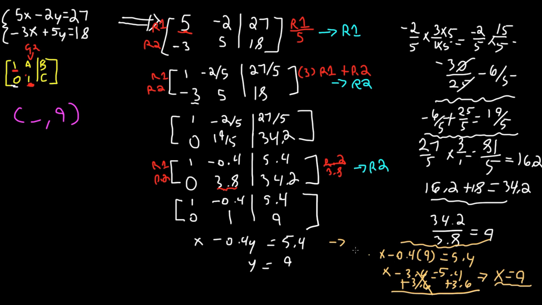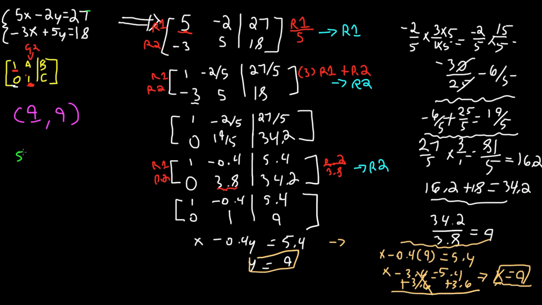Interesting. Okay, so we have that, and we have this. So let's plug in 9 over here as one of our solutions. That's our ordered pair, 9 and 9. Let's check it to make sure it's true. I'm going to take the original linear equations and plug in these values.